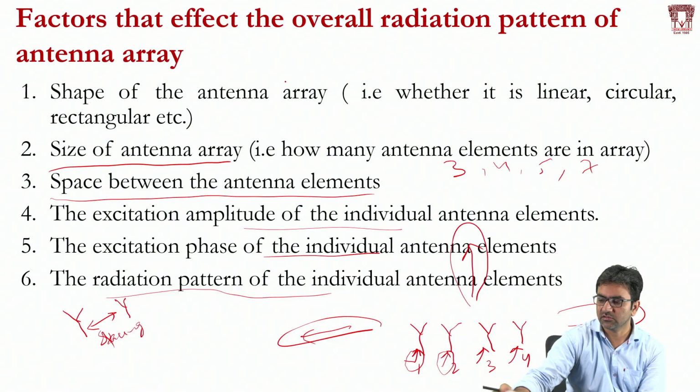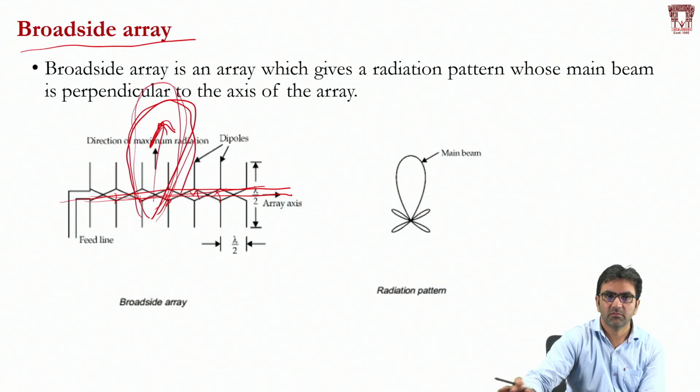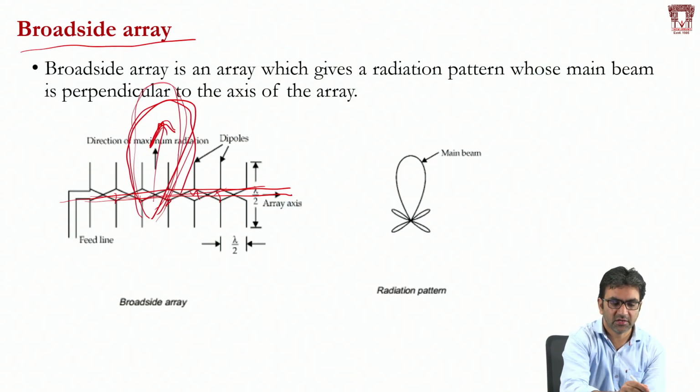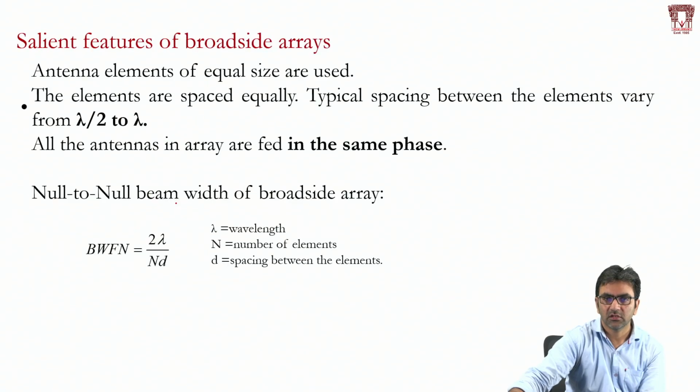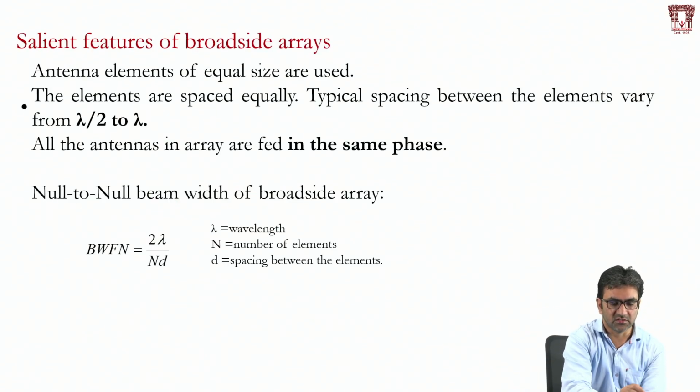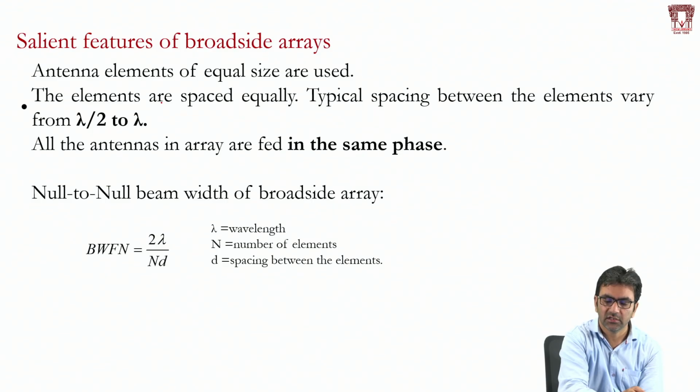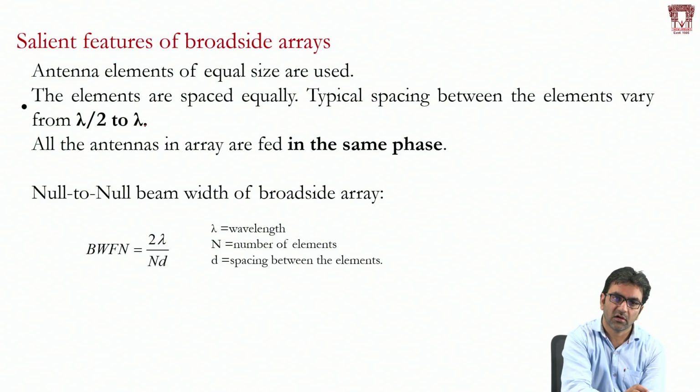and other factors. Same way in the broadside array, we are getting this perpendicular to the axis of array with these features. That is, the elements are spaced equally and the spacing between the elements varies from lambda by 2 to lambda, while lambda is the wavelength of this antenna frequency.